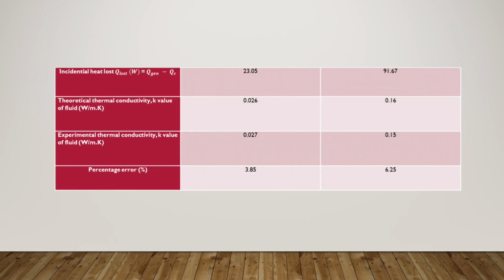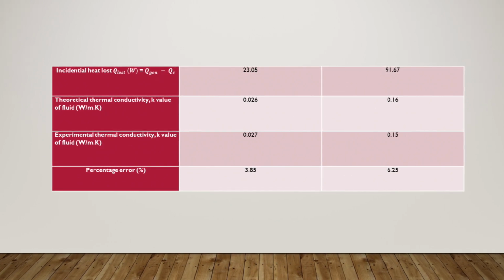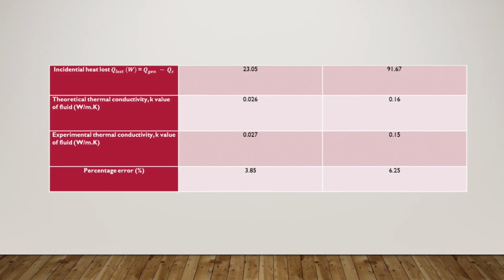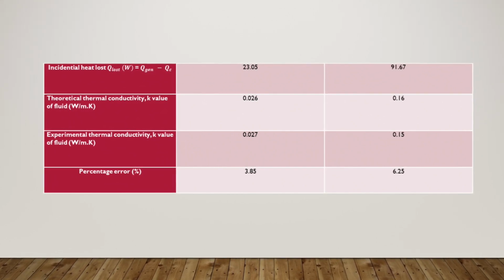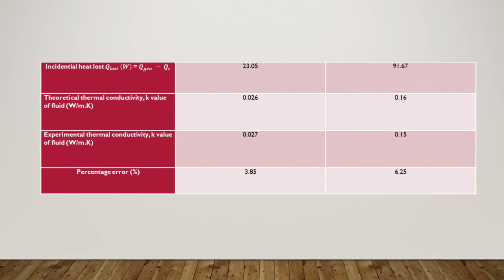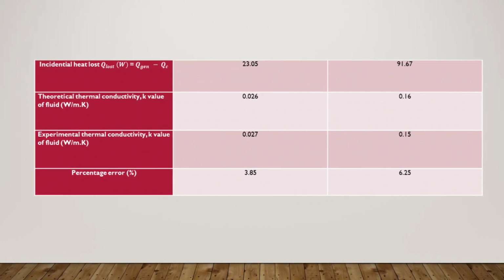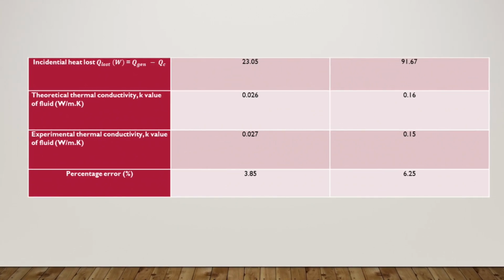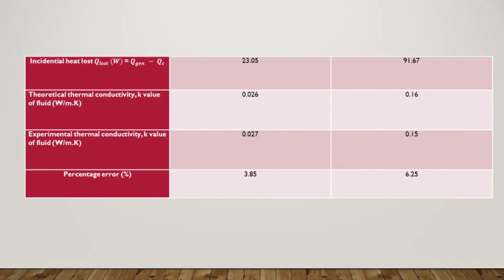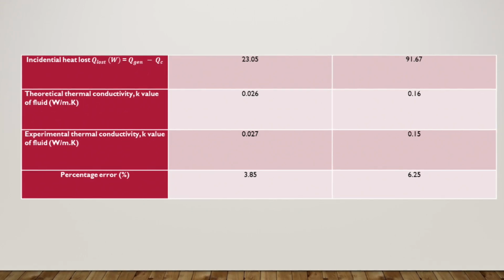Incidental heat loss is calculated by using Q generation minus QC. The theoretical thermal conductivity K value of the fluid is obtained from the property table. The experimental thermal conductivity K value of the fluid is calculated, and the percentage error is calculated by using the theoretical and experimental thermal conductivity values.